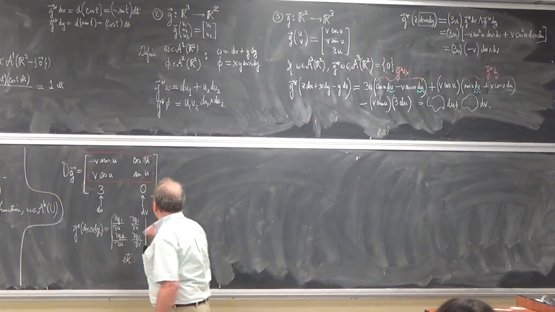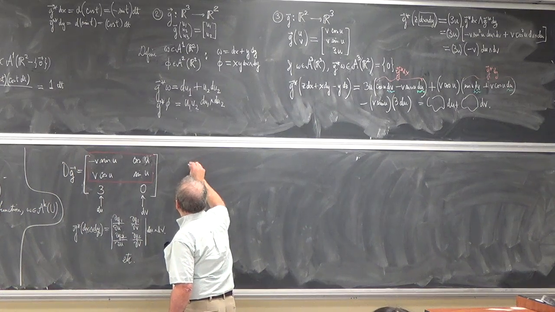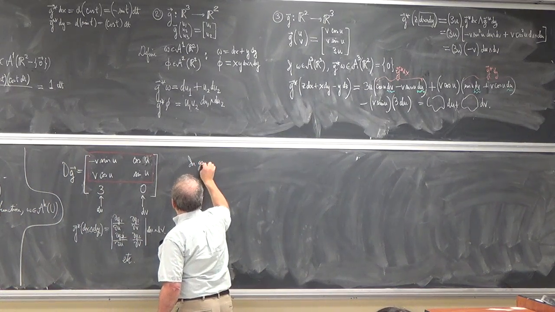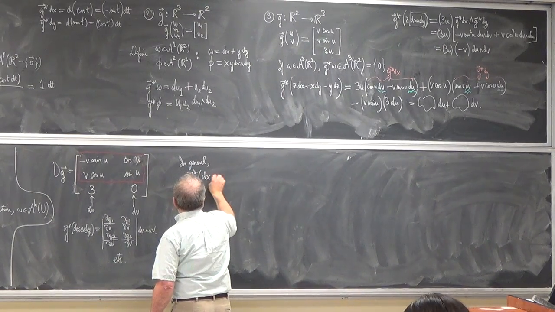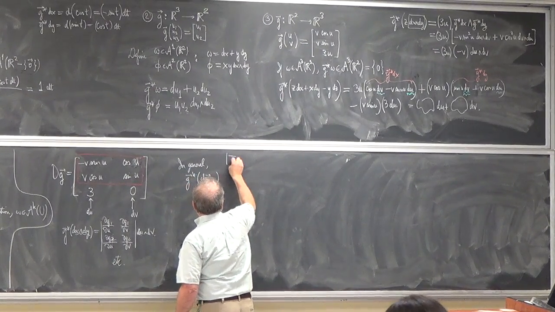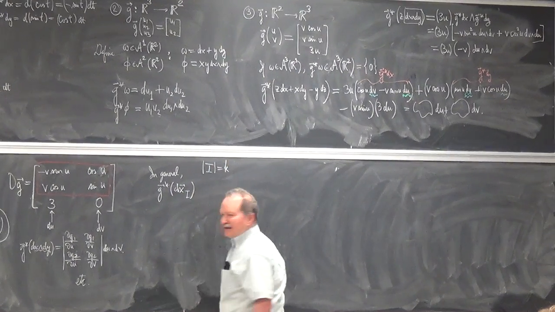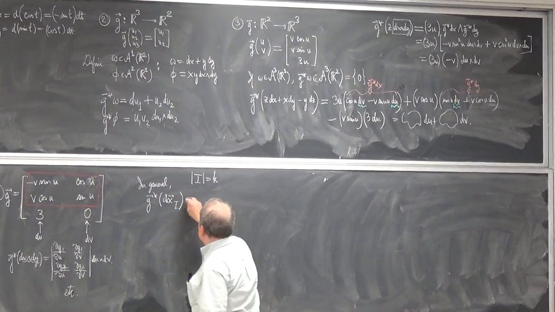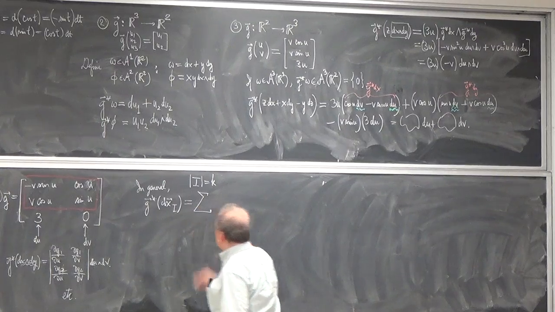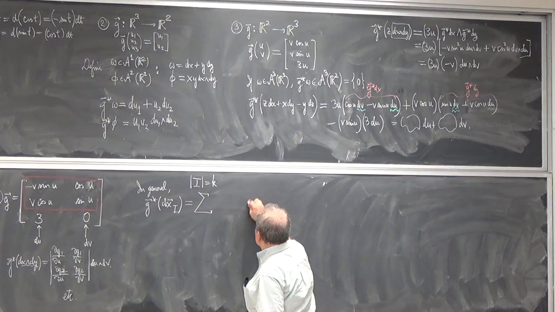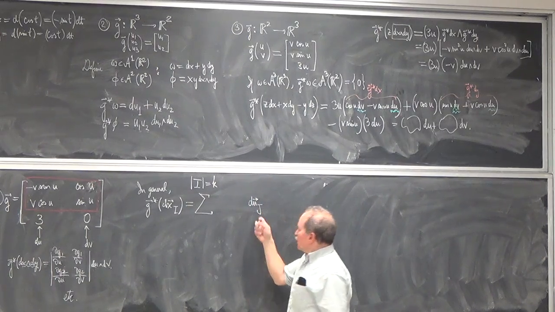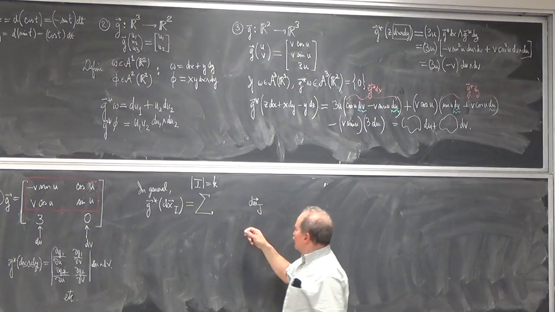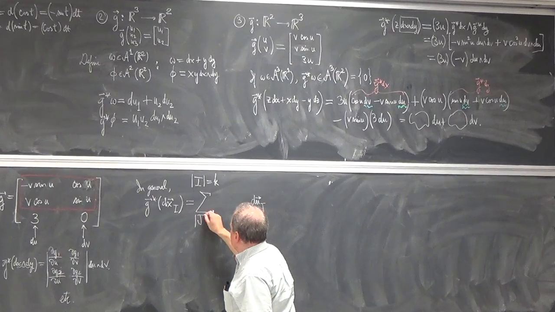So in general, you would take the pullback of dx sub capital I, if the length of capital I is k. This is going to be a sum of basis k-forms in the u variables, where the length of J is also k.